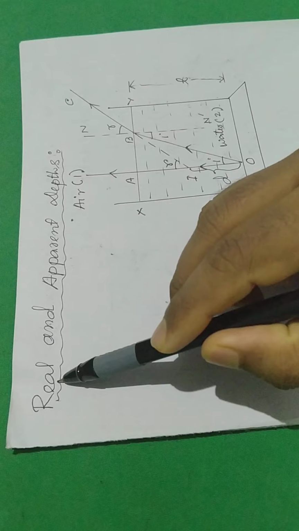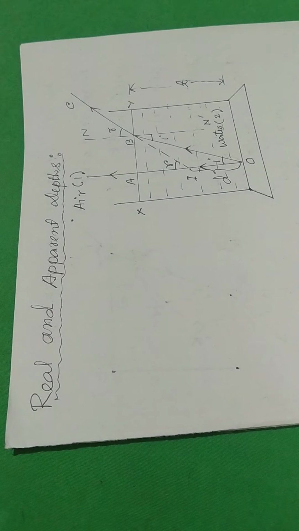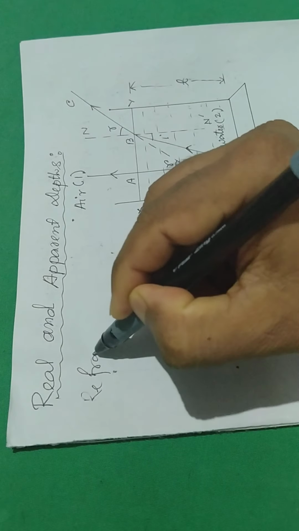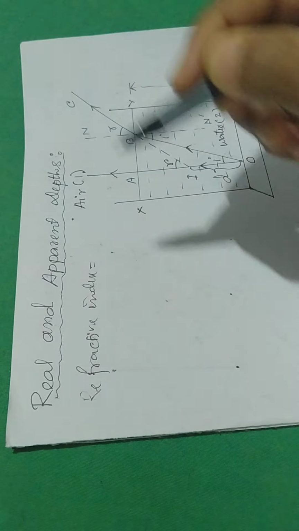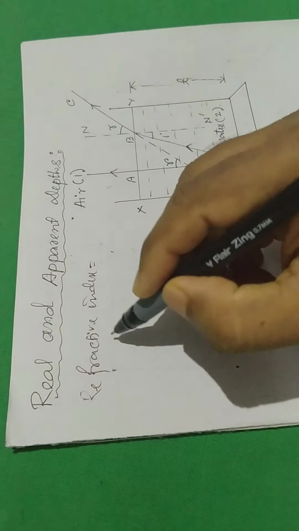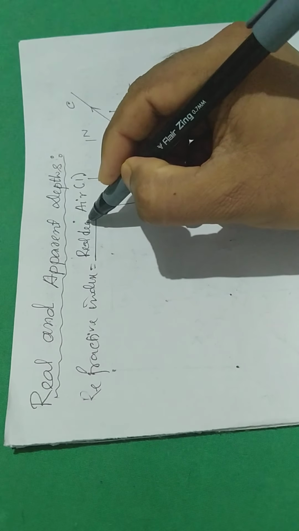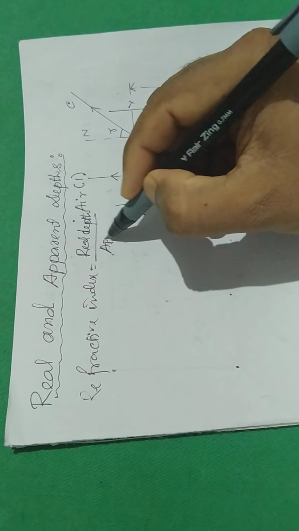Hello student. Today's topic is real and apparent depth. Here we are going to calculate the refractive index. Refractive index is equal to real depth by apparent depth.